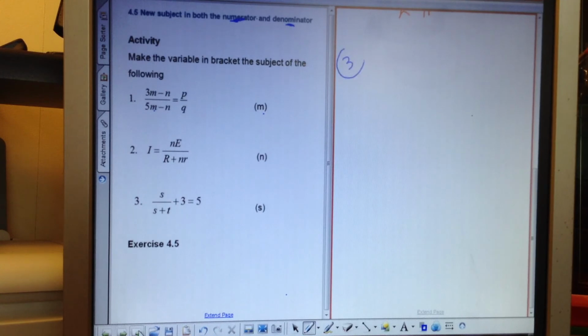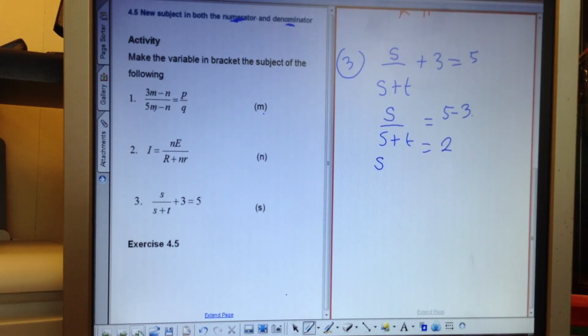Number 3, we have s over (s plus t) plus 3 equals 5. We start by subtracting 3 from both sides, so s over (s plus t) equals 5 minus 3, which is 2.